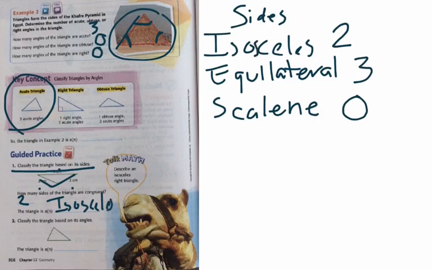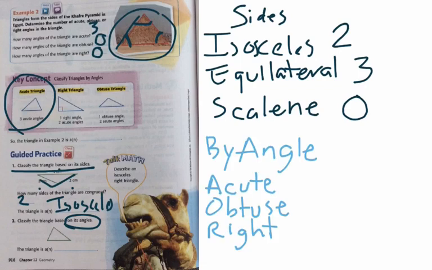Now, you're going to look at the angles of this triangle. And by angle, we're going to see the kind of angle that it has. So we're going to see if it has acute angles, obtuse angles, or right angle. And remember, to be labeled as a right triangle, it needs to have 1 right angle.